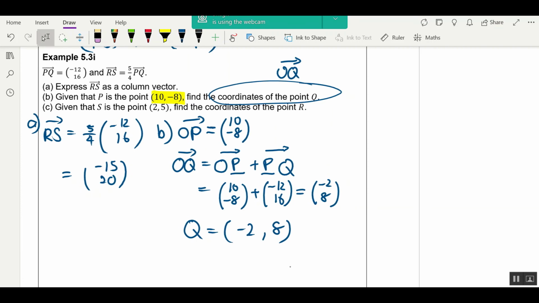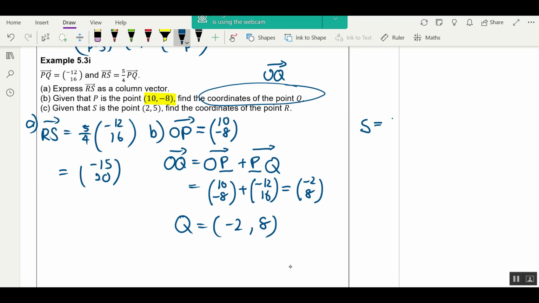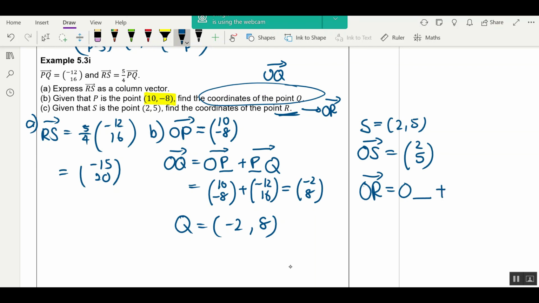Okay, and the next part, so S again is a point, 2, 5. Let's change this to a vector form. This will be 2, 5. Now I want the coordinate of R, means I need to find what is OR. OR, I write down first, is equal to O something plus something R. What is the missing in between? If you think that is S, you are correct. So OS is 2, 5. Now what is SR? Do I have SR?